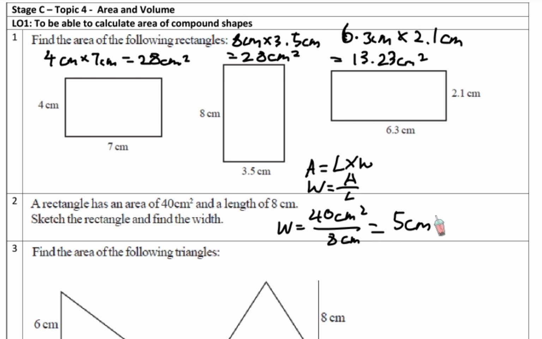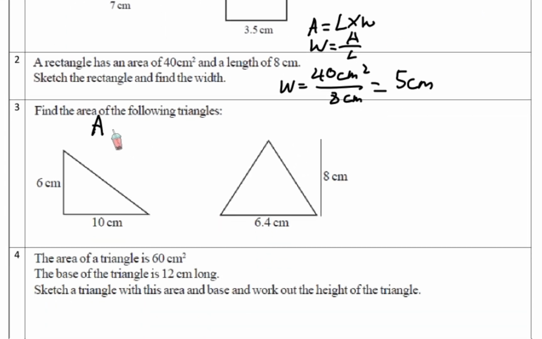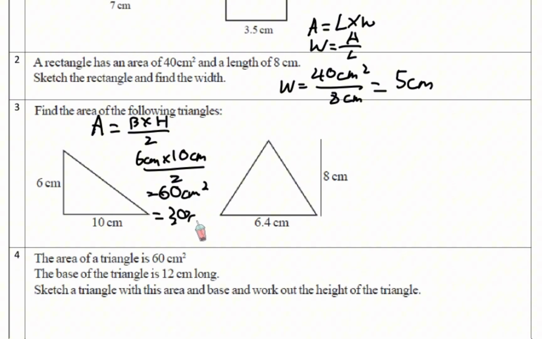Find the area of the following triangles. To find an area of a triangle, we will need to take the base and multiply it with the height and divide it by 2. So for this, we will take 6 cm times 10 cm divided by 2, which is 60 cm square, which we will get 30 cm square.